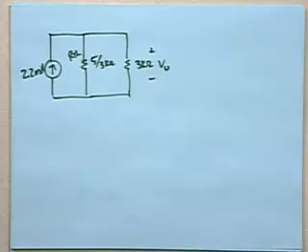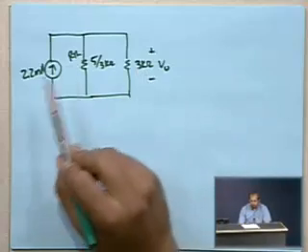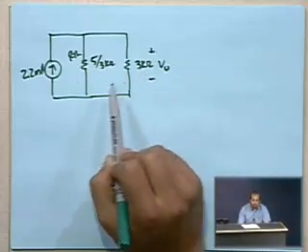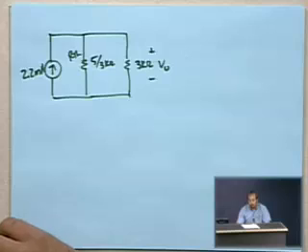I think in theory, if I just said, find this circuit parameter V0, it might be easier to do this as a Thevenin equivalent, because instead of having to do a current division and then find the voltage using Ohm's law, you could just do a voltage divider and get the answer.